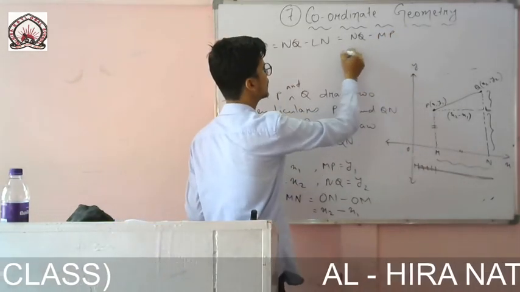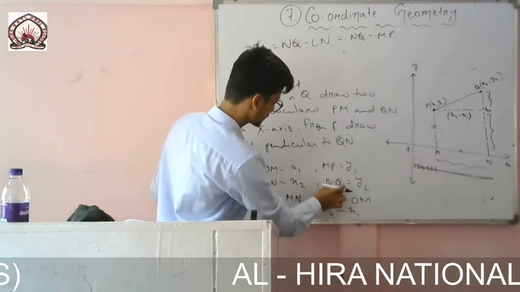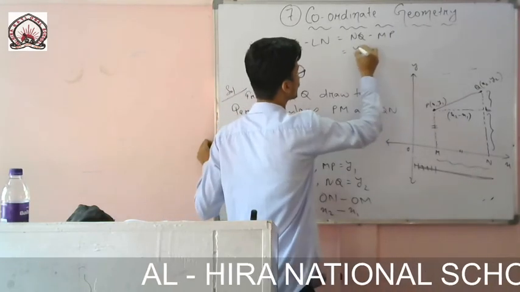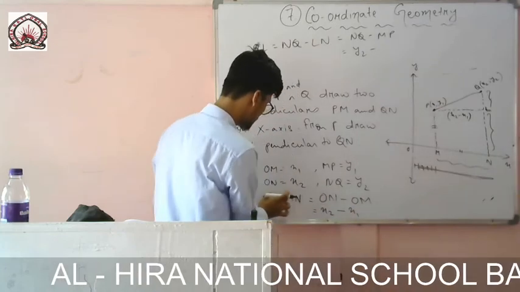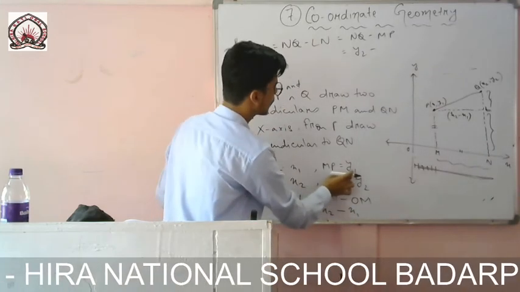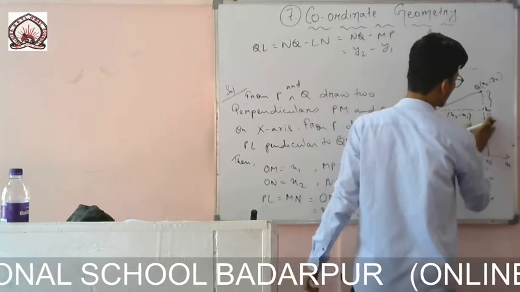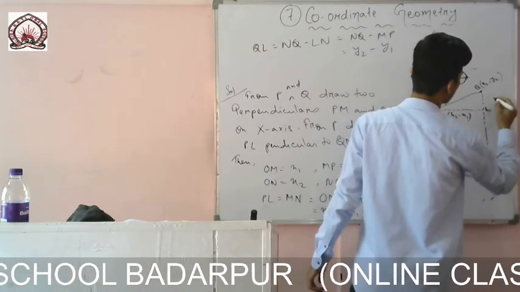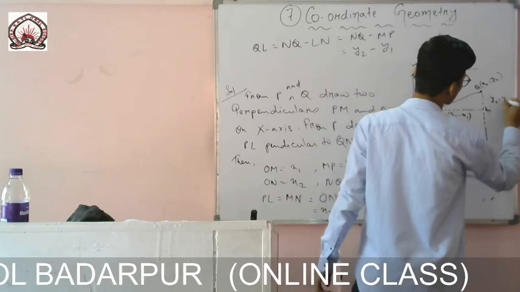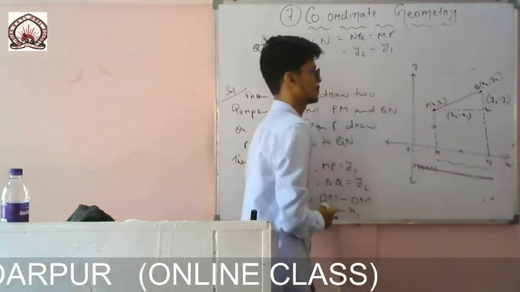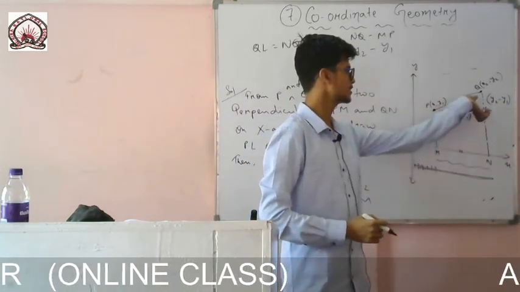Now I have the values. NQ, what is the value? It is Y2. And MP, what is the value? It is Y1. So the value of this side is Y2 minus Y1. So now I have got this side also and that side also.